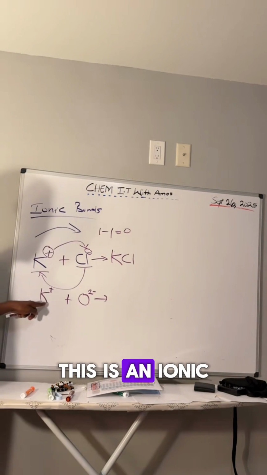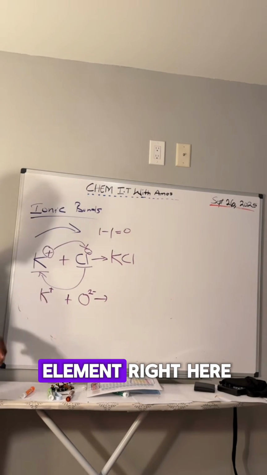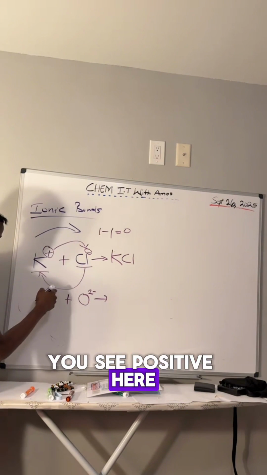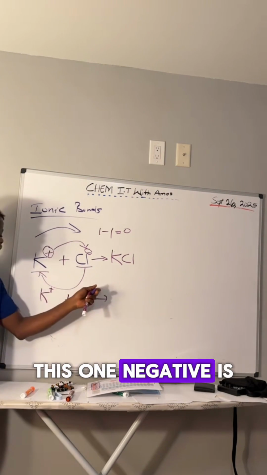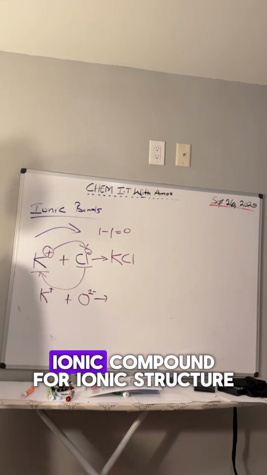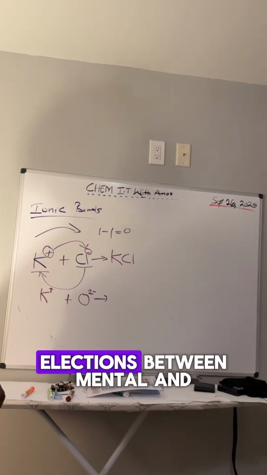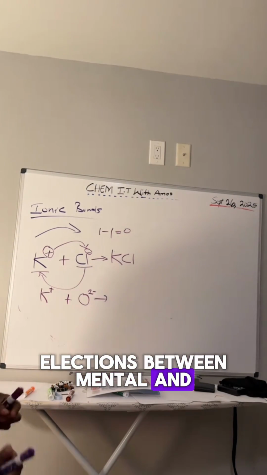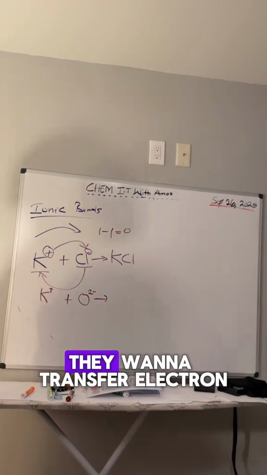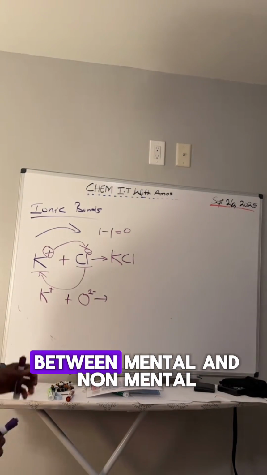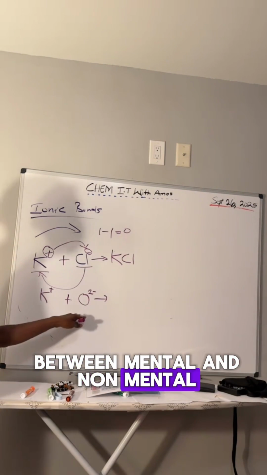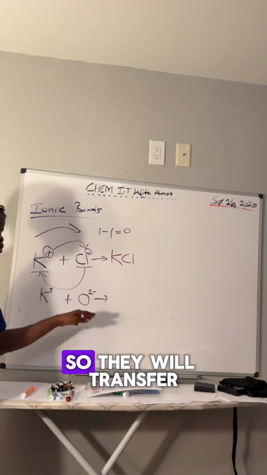This is an ionic compound right here. This one is positive, this one is -2. For an ionic structure, they transfer electrons between a metal and a non-metal. There's a metal, there's a non-metal, so they will transfer the electrons.